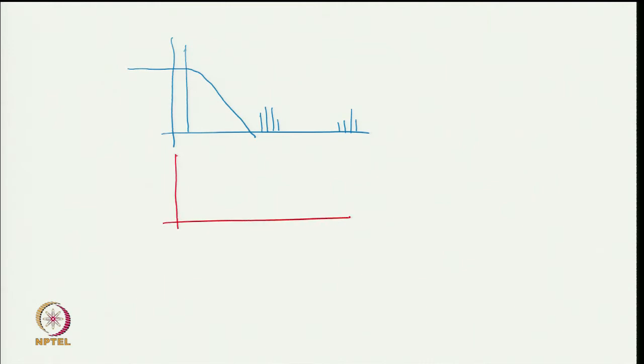In another case, if we have a converter where the fundamental is here, but the harmonics are here, then the filter corner frequency can be set here. Earlier the filter corner frequency was here, now it is here. This is the harmonic frequency axis, and this is the amplitude.